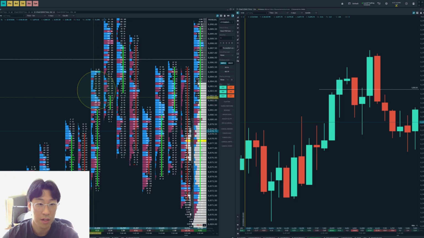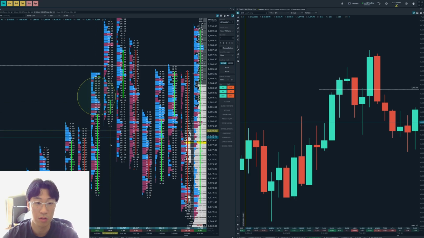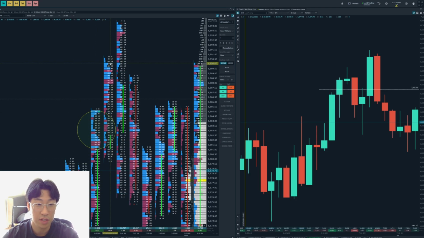And we had buyers. This was an incomplete P shape. We had buyers get absorbed and sellers step in as well. And even for the next candle as well, right? This should have been a red flag for me to get out. Instead of taking the full loss, I should have gotten out right away.